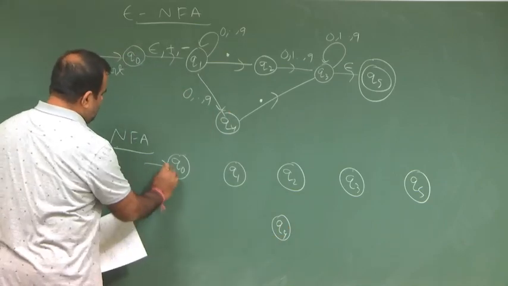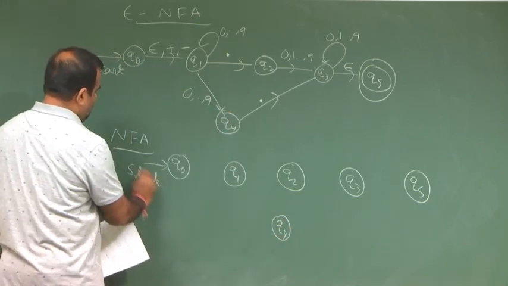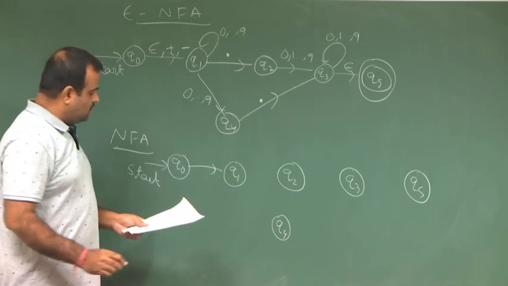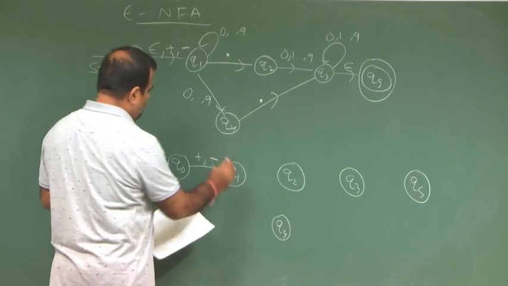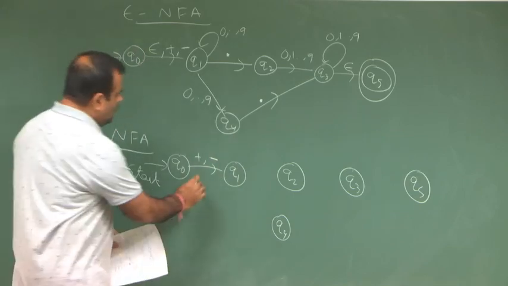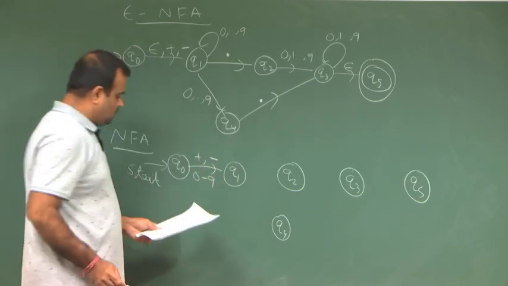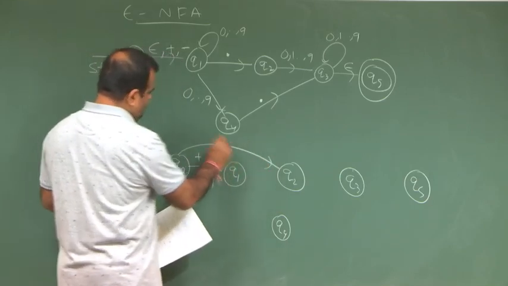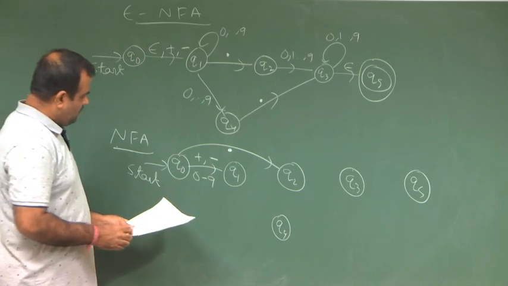Now, this is the starting state, and from here we can go to q1 with plus or minus, or with 0 to 9 also we can go to q1. With dot we can go to q4; this example we have seen in the last class. I am just copying.